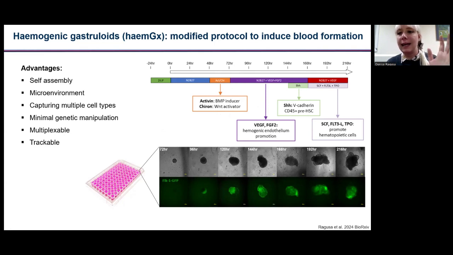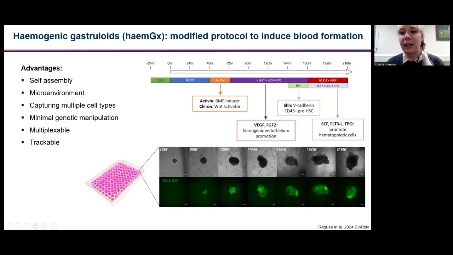And towards the late stage of the protocol, when we really want to boost the production of the late-stage HSCs, we add boosts of Sonic hedgehog, which will, again, promote the emergence of CD45 positive pre-HSCs.